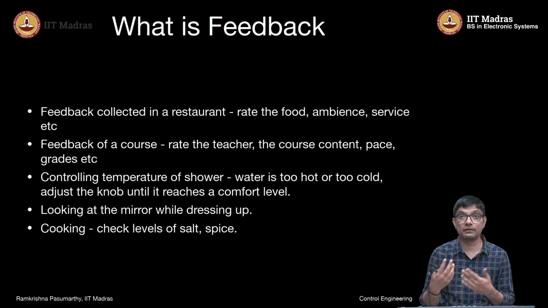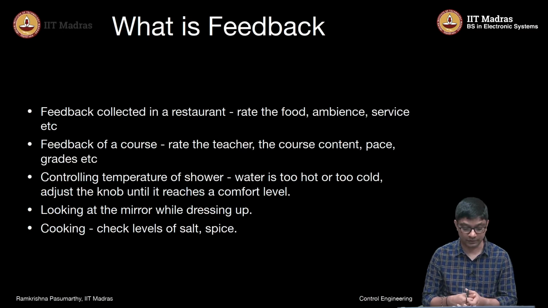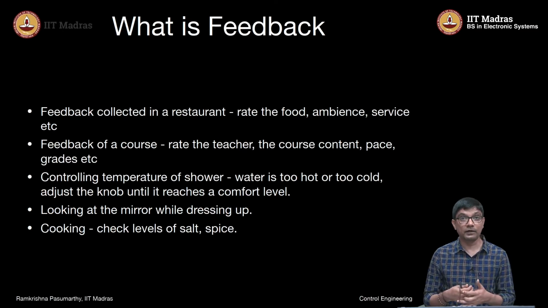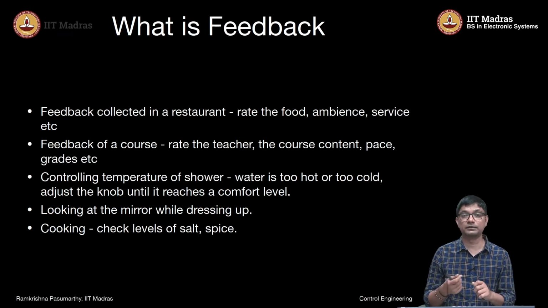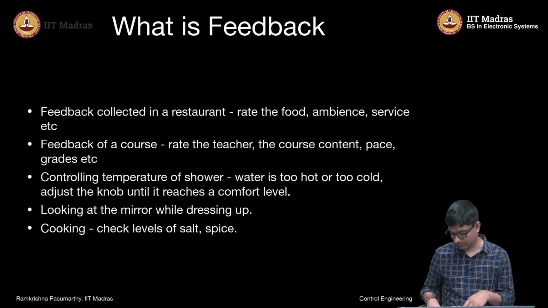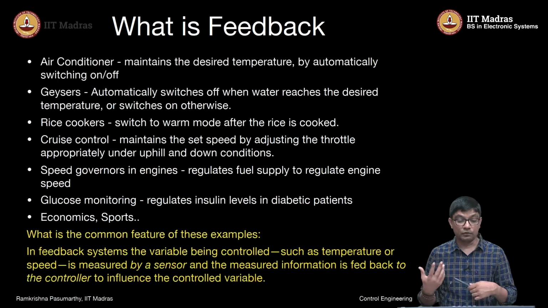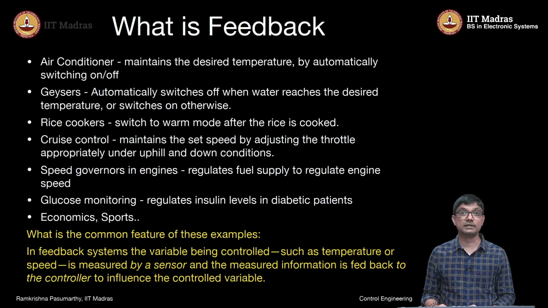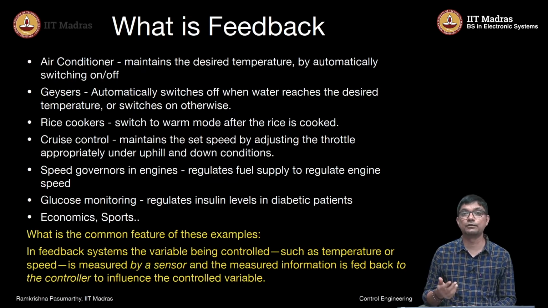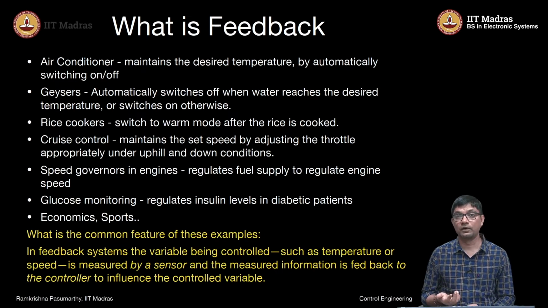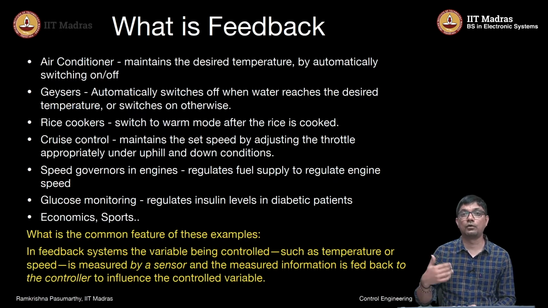Looking at the mirror while dressing up, we do it every day. Cooking, I just check, is the food cooked enough, what is the level of salt, what is the level of spice, and so on. To more engineered systems: air conditioner, we use this again very regularly. This system maintains the desired temperature by automatically switching on and off when you are above or below the desired temperature.